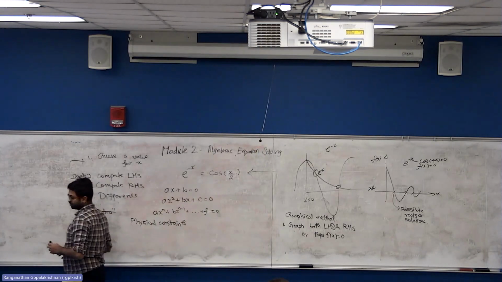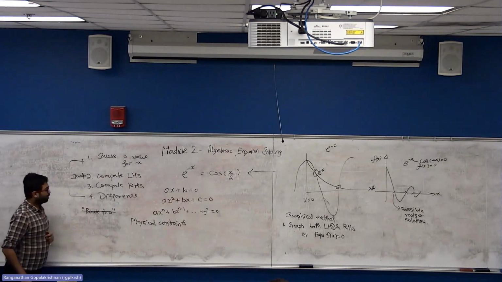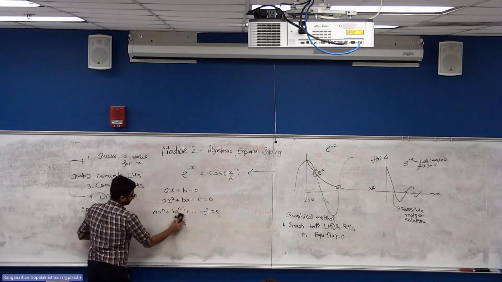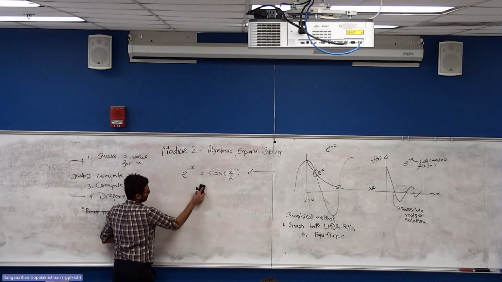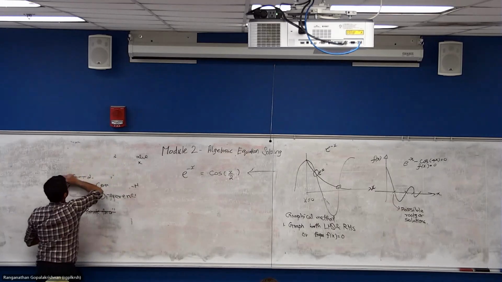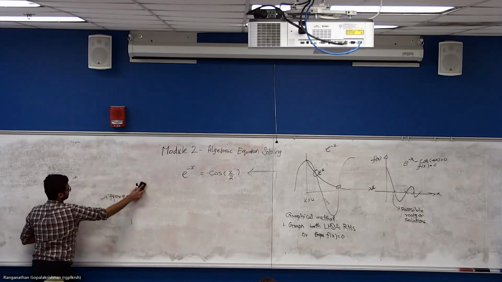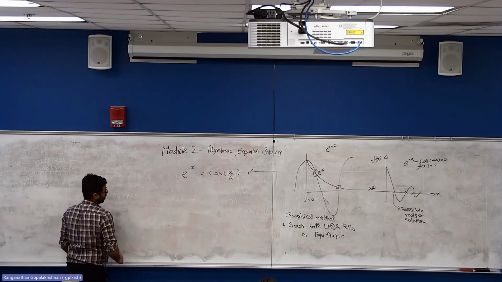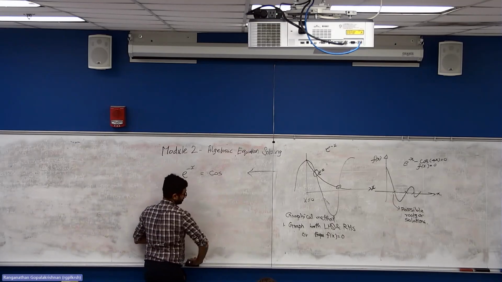We are going to solve this equation, okay? And we are going to use a technique which is kind of like that process of playing Angry Birds. So I'm going to write a couple of things here.